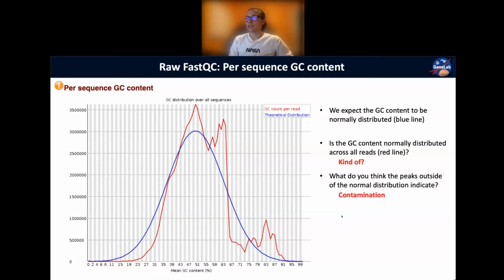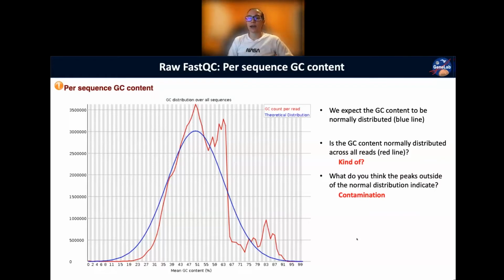So it actually indicates some form of contamination usually. Anytime we see a spike here, that means that we have some sequences that have high GC levels. That could be because we have a repetitive sequence, so maybe a transcript that was transcribed from a genomic island, which has a lot of repeats of G's and C's.